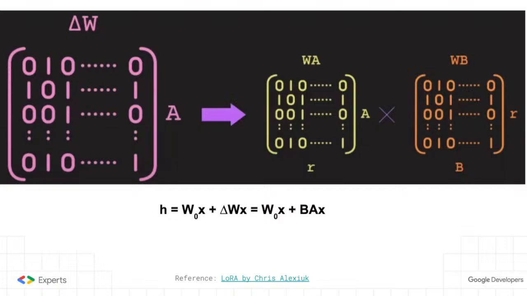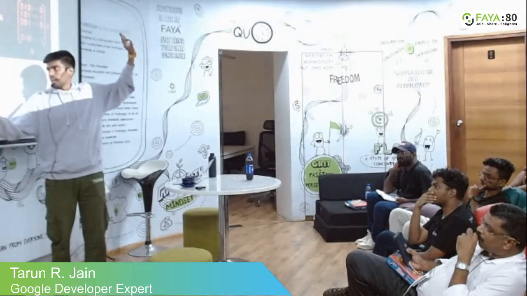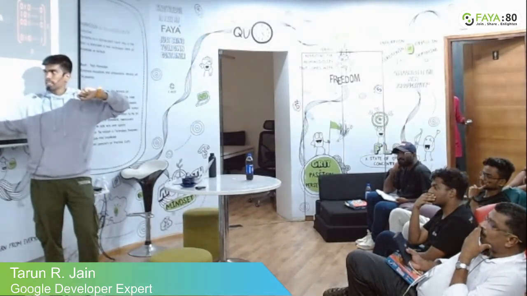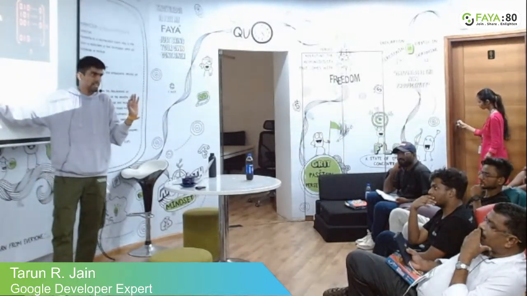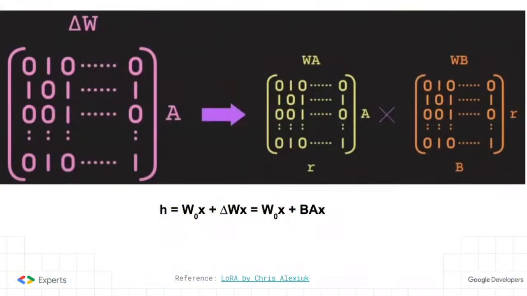And how does it perform? Same formula. If you look into the previous formula, it was h equals to Wx plus updated weights x. Now what you are doing is you are using the same pre-trained weights, which is W, x, and you are updating your updated weights into B and A. And if you look into their open source PEFT library, it's just 5 to 6 lines of code where you are updating this matrix multiplication.